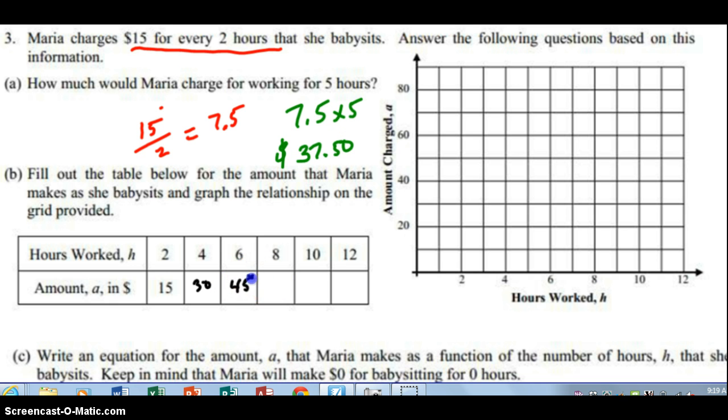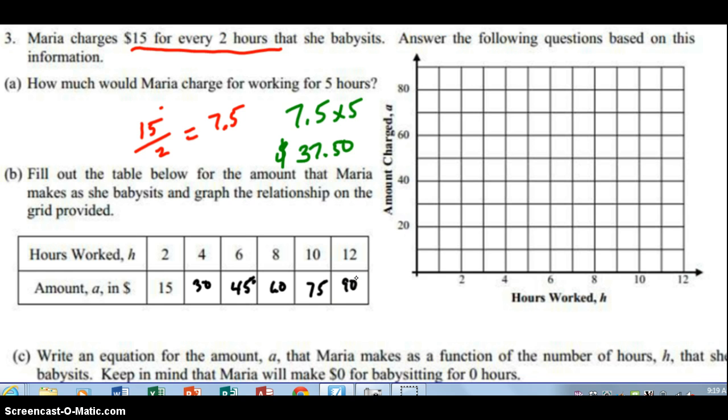After 8 hours, 60. Oh, you see a pattern here? And after 12 hours, wouldn't it be 90? Now, if you look at it, 7.5 times 12 is 90, so it's good either way.